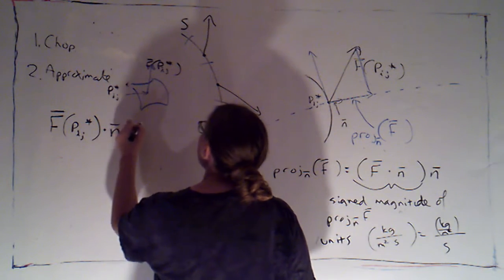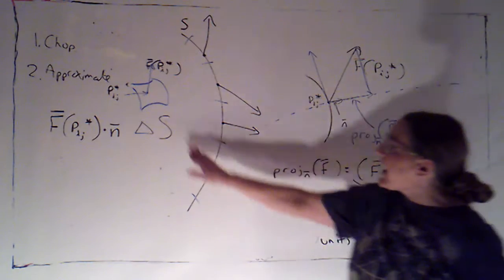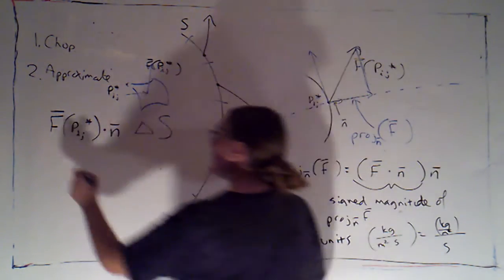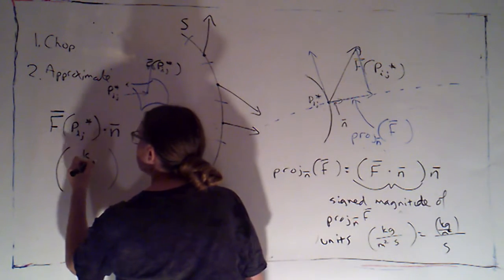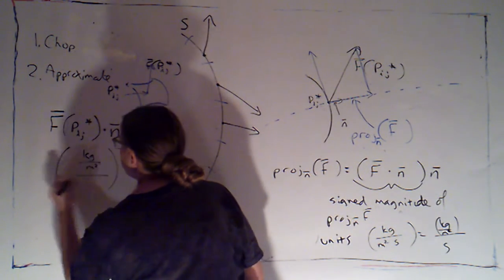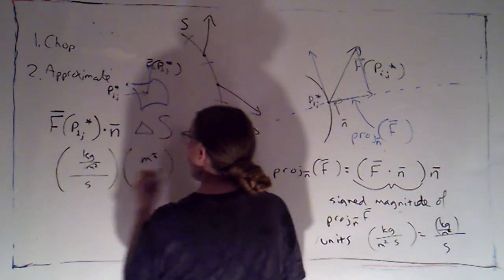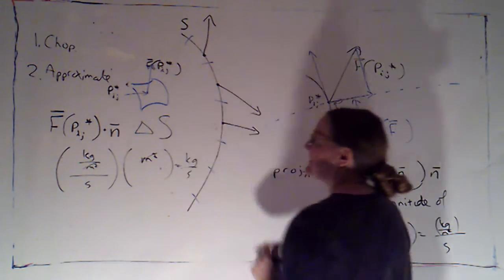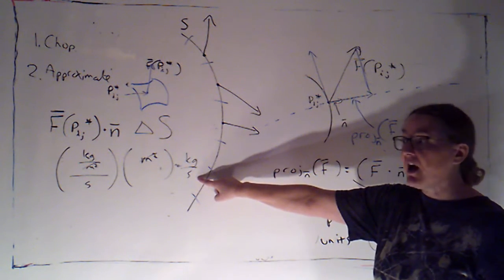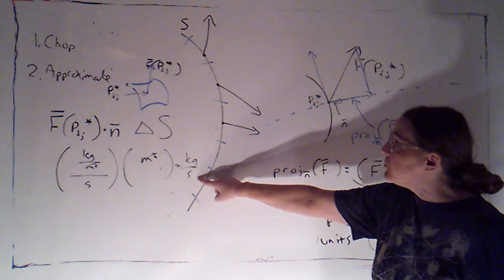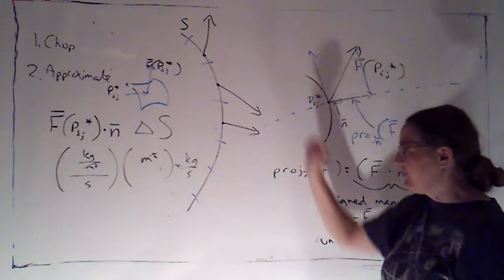I'm going to multiply that by delta S, by this surface area. That way, my units are kilograms per meter squared per second times meters squared. I'm going to get kilograms per second. That's how I'm going to approximate the mass per unit of time that is flowing through this little patch of surface area. Very cool.